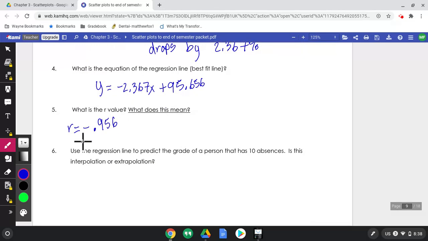But also, if you ever forget, the r value in this case was negative, which tells us it's got a negative correlation. So to put it into words, it is a very strong negative correlation between absences and your grade.